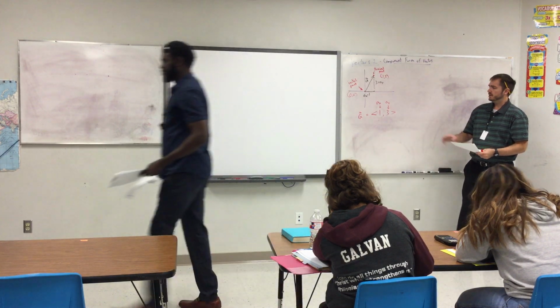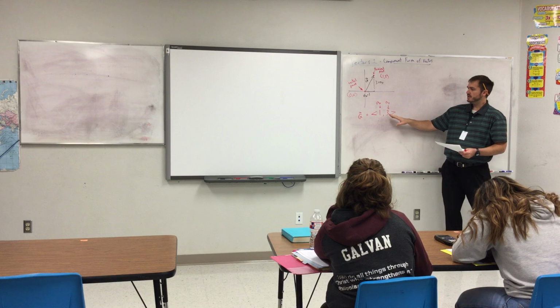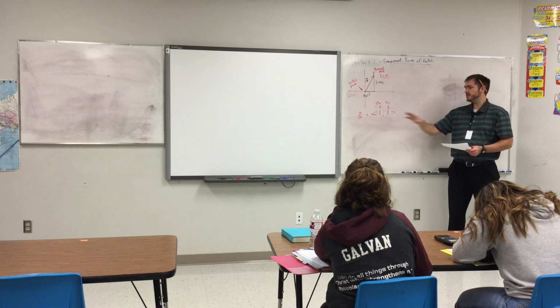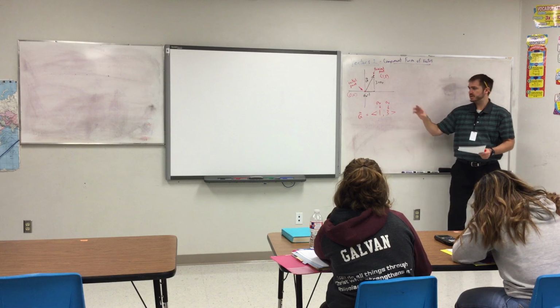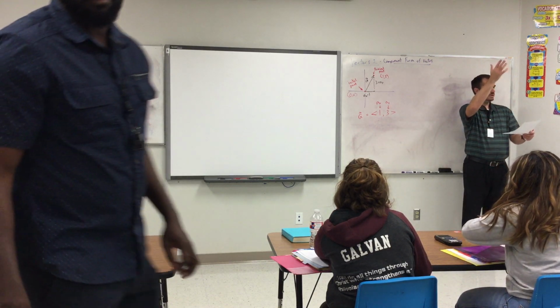Now, that does not mean that my vector is always going to end at 1, 3. It just means that the vector goes 1 unit to the right and 3 units up.